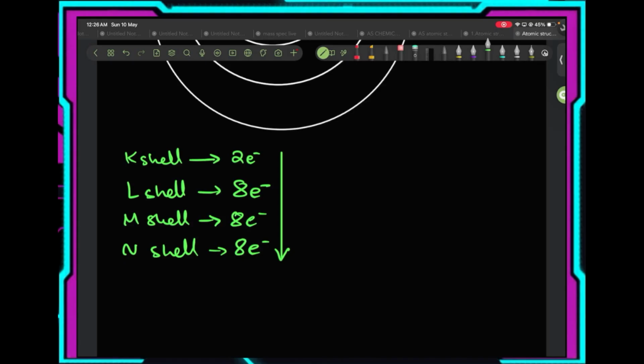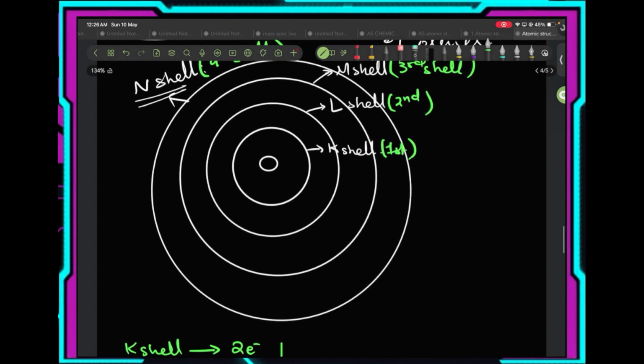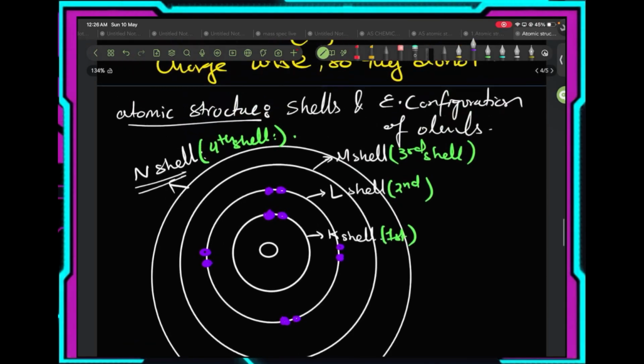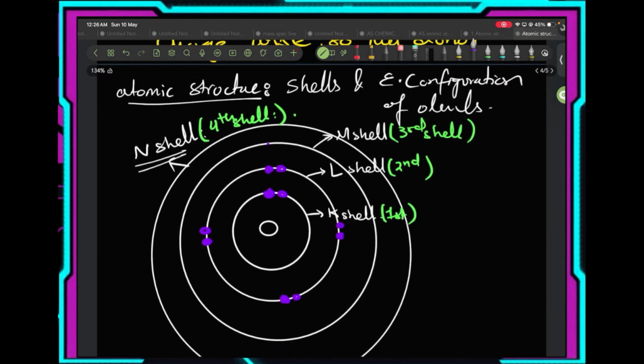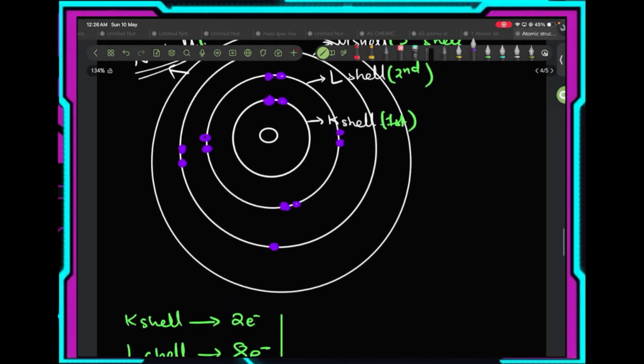Now we will fill electrons in the shells right here. So according to O levels, 2 electrons must be filled in this shell, no more than 2 in the K shell. Then in the L shell, you could have 8 electrons, so 1, 2, 3, 4, 5, 6, 7, 8. And after the L shell, the M shell, you would also have 8 maximum electrons, no more than that in O levels or IGCSE.